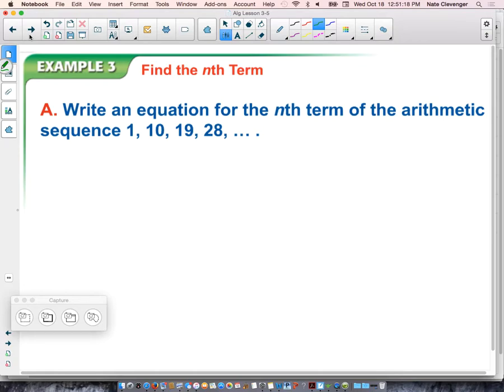Well, that's the common difference, but that's not the equation. Well, that is the general form. Now plug in the values that you work with.